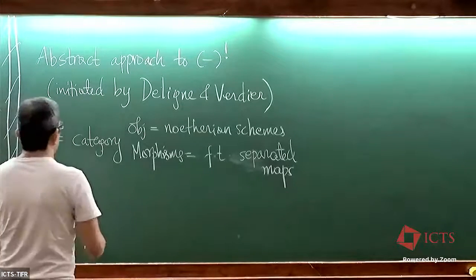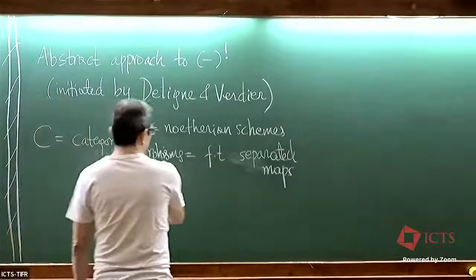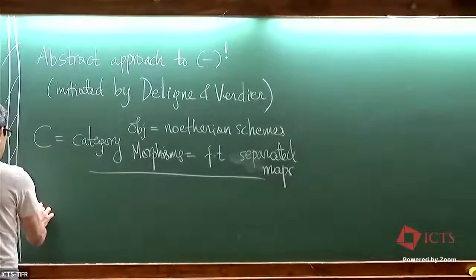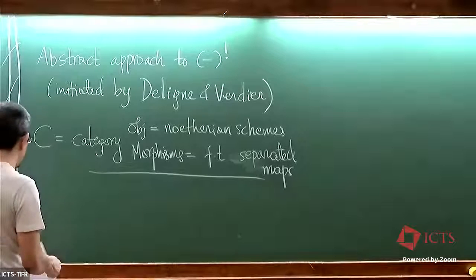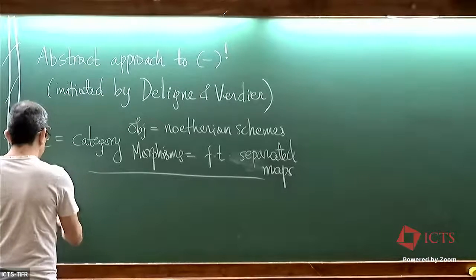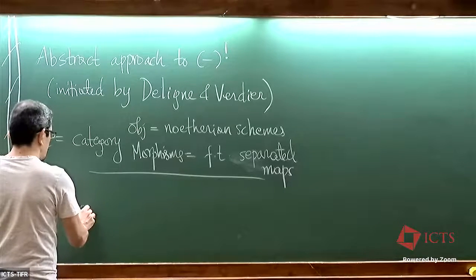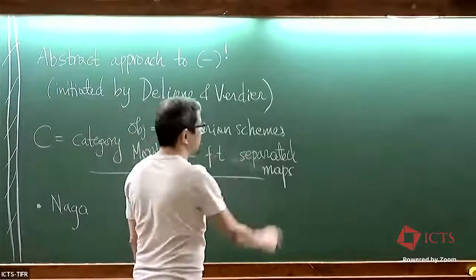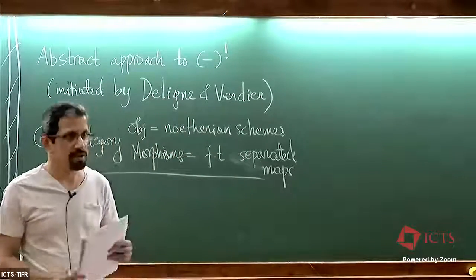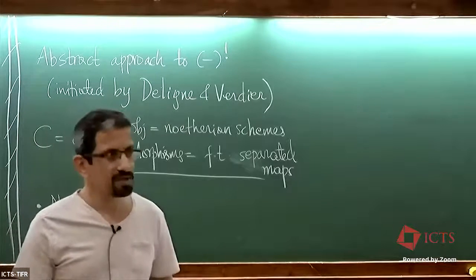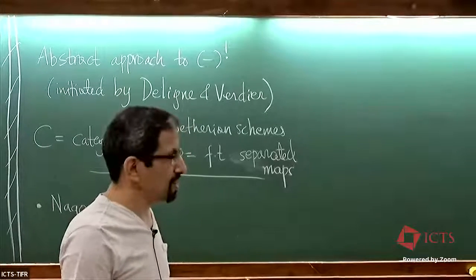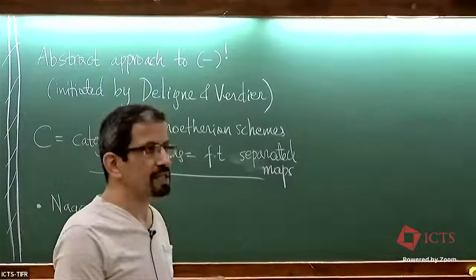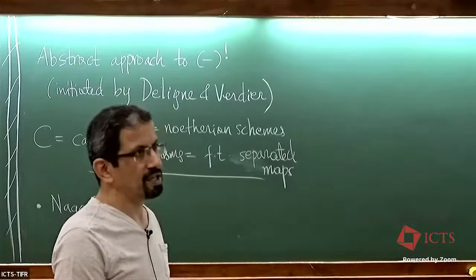So the way this approach goes is we use the following results. I'll just state the main results that we use. One is, no field: it's just maps of Noetherian schemes. In the earlier approach, the first approach, you also don't need a field, but what you need is the presence of a dualizing complex on each scheme.